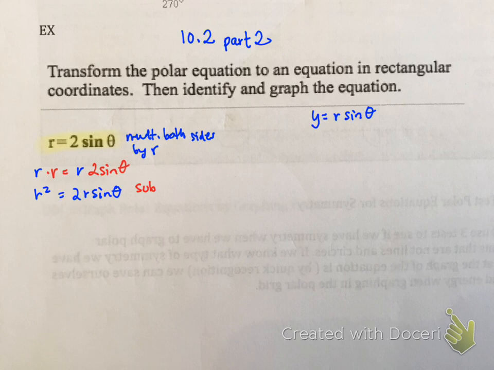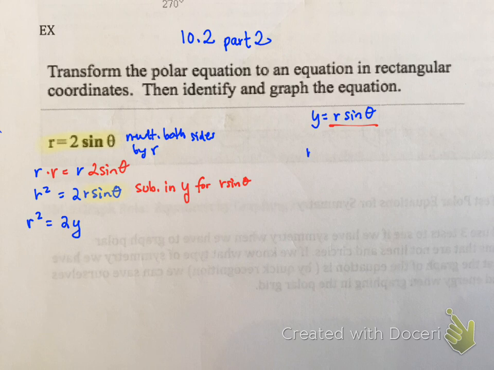I'm going to substitute in a y for r sine theta because that's its definition. So I get r squared equals 2y.